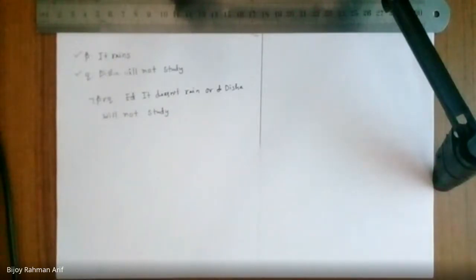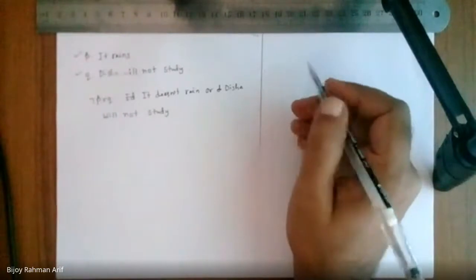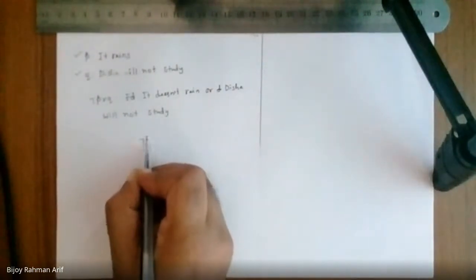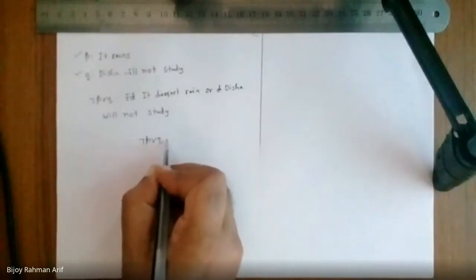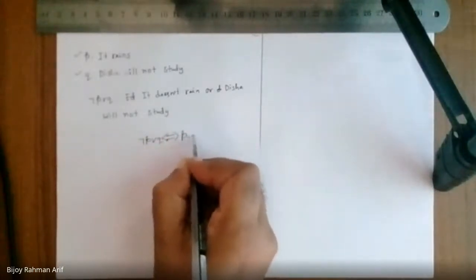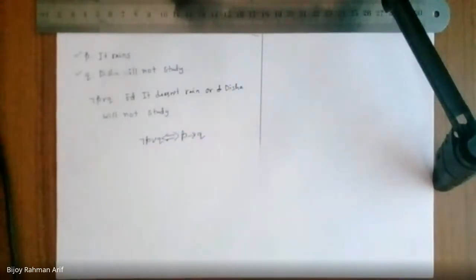If you don't have any problem, so what is this? Not P or Q. How can I write this? This is nothing but logically equivalent to P implies Q. Any problem? No, sir, by definition.